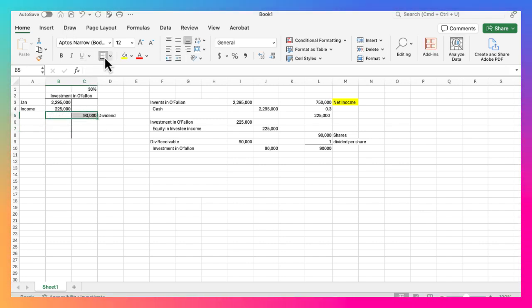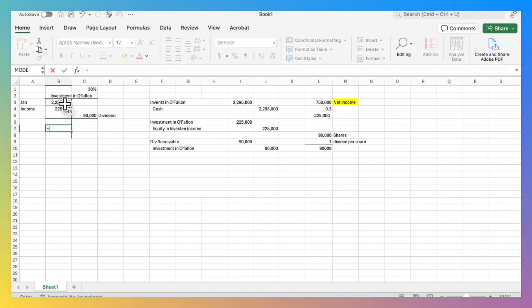Okay, so what I'm doing now is just calculating the balance of the investment in O'Fallon account. Well, originally when we bought the stock, the account went up by $2.295 million. O'Fallon reported net income of $750,000. Of that total amount, 30% comes to us, so we're going to increase our investment in that account.